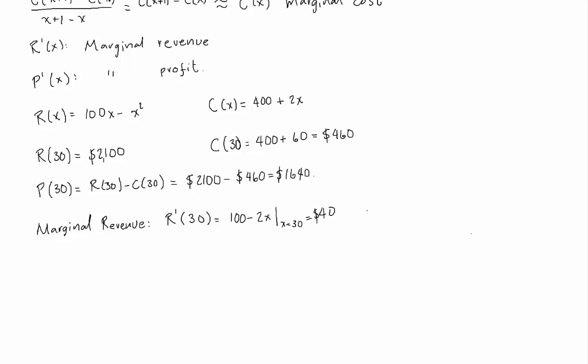So this is telling me that the revenue is increasing at a rate of $40 per unit when sales are at 30 units.